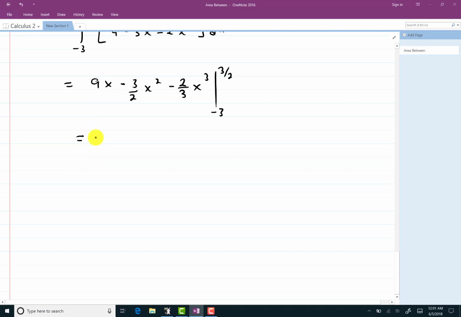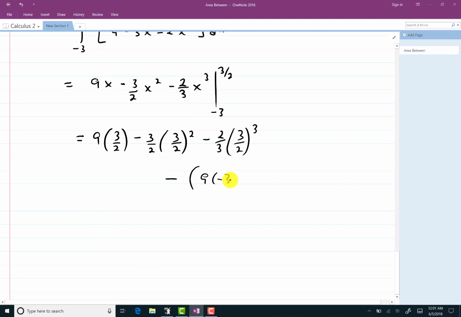I'll have 9 times 3/2 minus 3/2 times 3/2 squared minus 2/3 times 3/2 cubed minus, and now let me put in the -3. So I'll have 9 times -3 minus 3/2 times -3 squared minus 2/3 times -3 cubed.